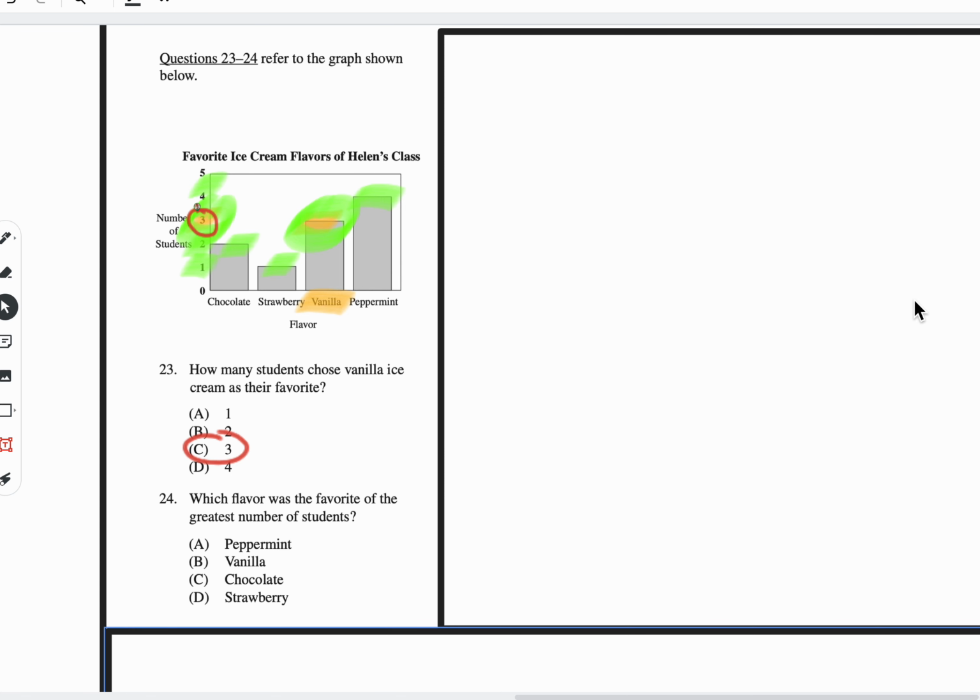Three. Great, let's circle those. We have 2, 1, 3, and 4.